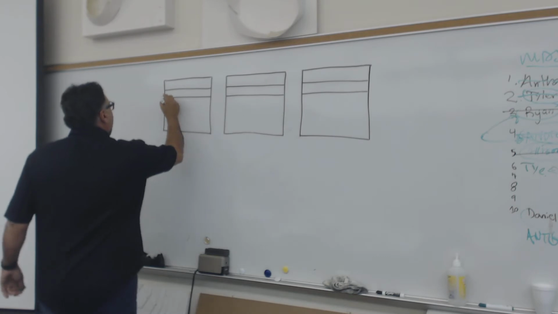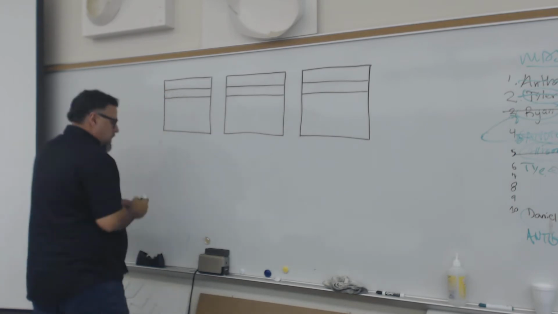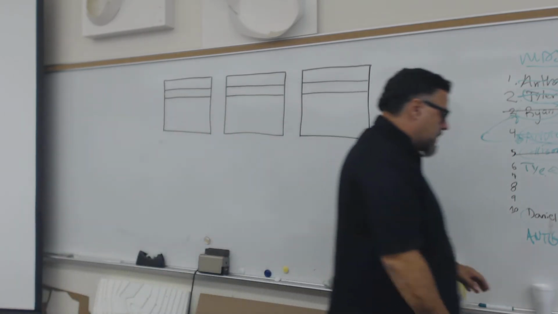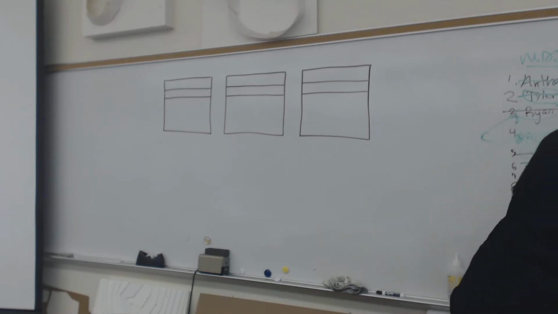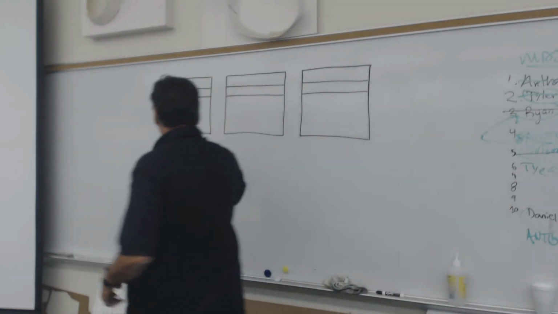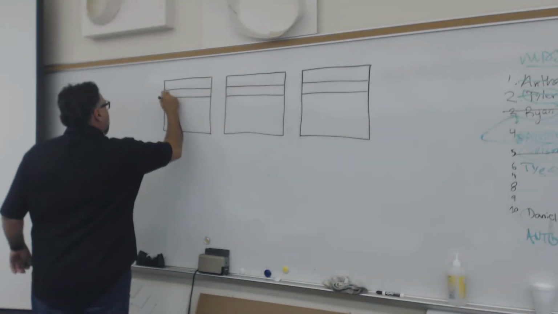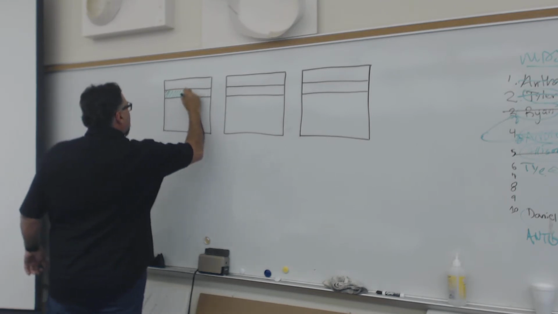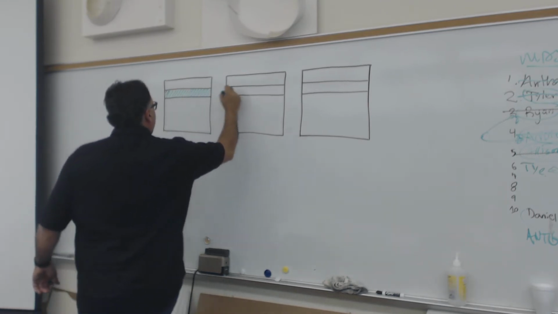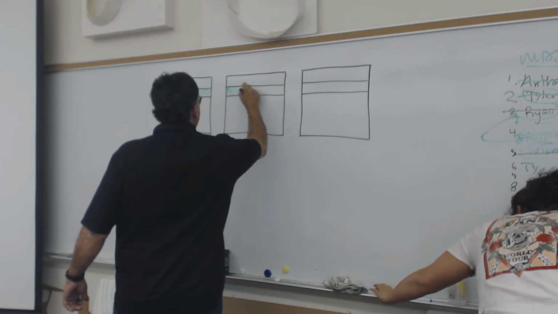This part that I'm going to hatch, I was going to hatch in green, but that doesn't work anymore. It's trash. Hopefully this one works. This portion here is the sloped portion of your site.